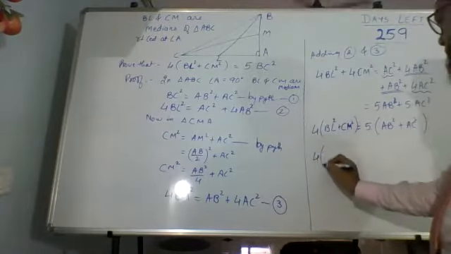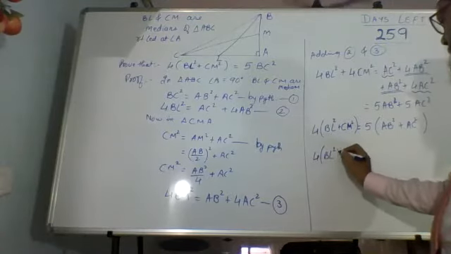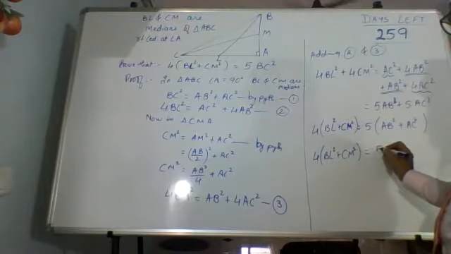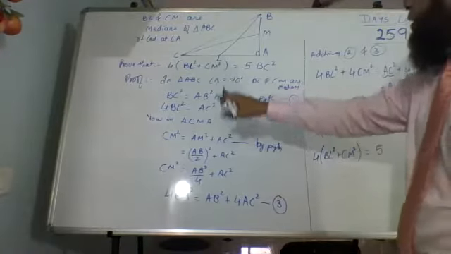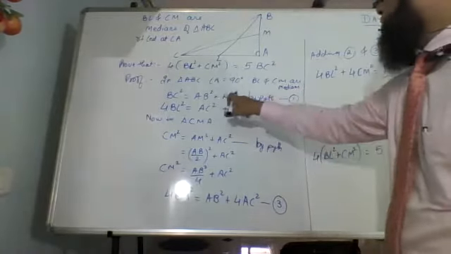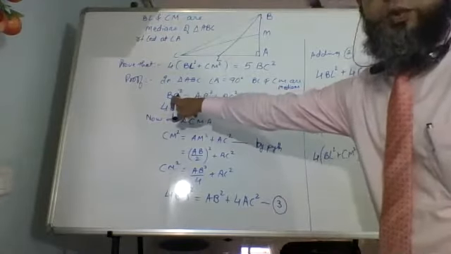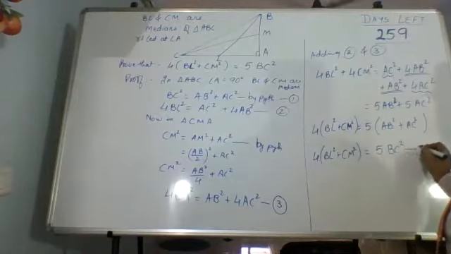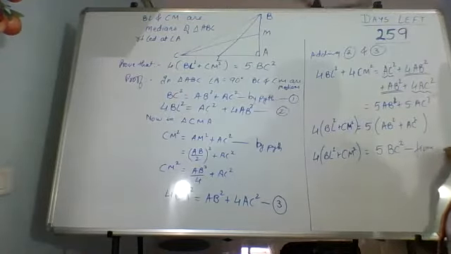So 4 BL square plus CM square equals 5 times AB square plus AC square, but AB square plus AC square is nothing but BC square, that is from 1, so equals 5 BC square from 1.